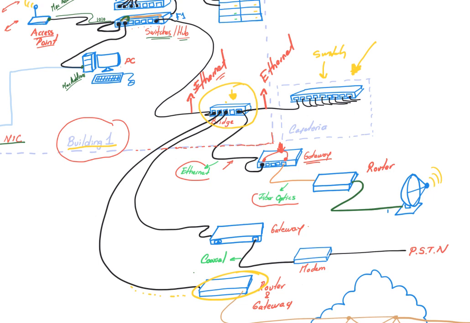So here I'm going to have the fiber optics, so the gateway is going to take those packages of information, the data, the bits and bytes, and transform them so they can be traveling through this medium.